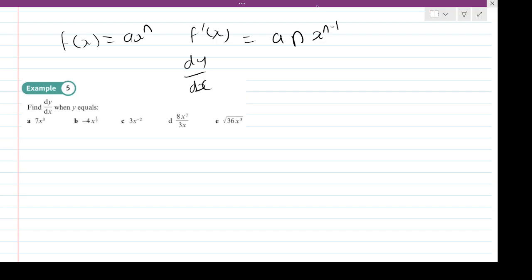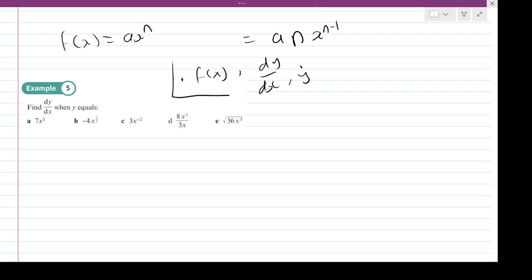You may also use, especially in mechanics, there's a third, I'll make a note of it actually, so f dash of x, dy dx, and there's a third notation you might see as well, especially in mechanics, and it's y dot, with a dot on top of it in the middle there, y dot. All these three bits of notation are the same thing, okay?